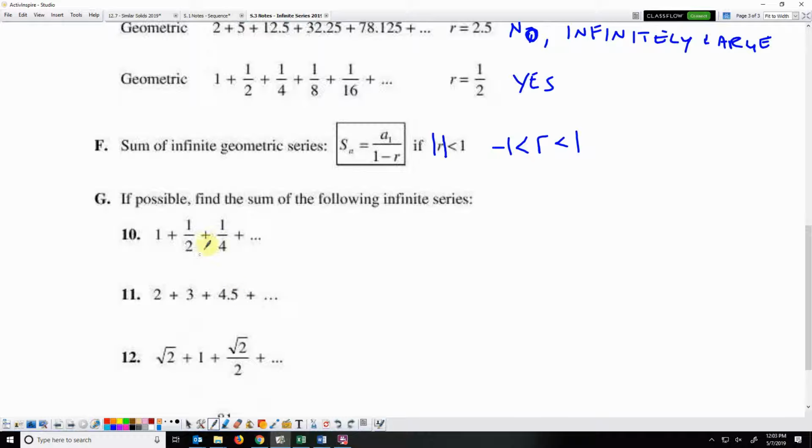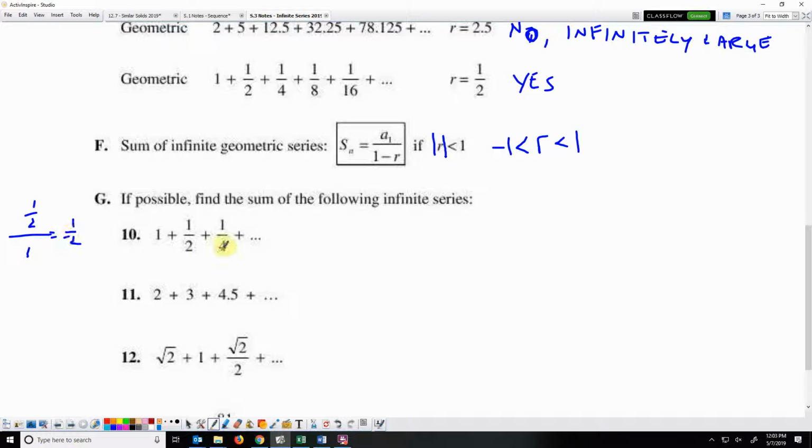So if it is possible, we want to find the sum of the infinite series 1, 1/2, 1/4. This is the same one as what we had up here, and we already know r is 1/2. How do we find that r? Just to be sure, we could do 1/2 divided by 1, term 2 divided by term 1, and that's 1/2.